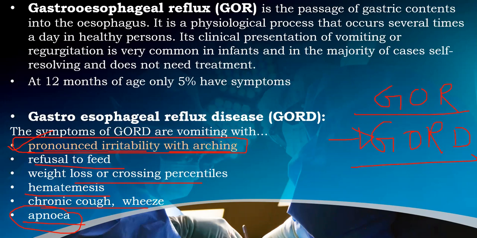So explain what is gastroesophageal reflux. Say, with the history and physical examination, I am suspecting your child most likely has a condition called gastroesophageal reflux. Do you know what it is? No, doctor. Well, this is a condition characterized by passage of content of the stomach into the food pipe.